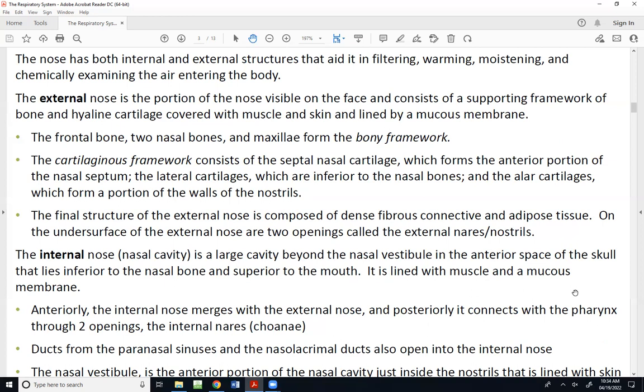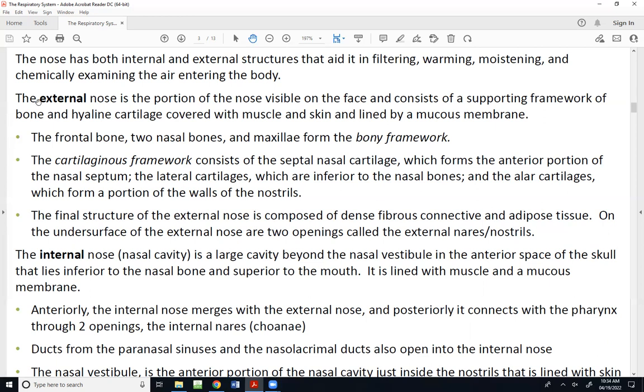This is a pretty deep space, and for those of us who've had COVID tests, which I imagine is everybody at this point, you understand just how far back in your head your nasal cavity really is. When I used to teach this before those COVID tests were a thing, it was probably hard for students to imagine just how far back things were.